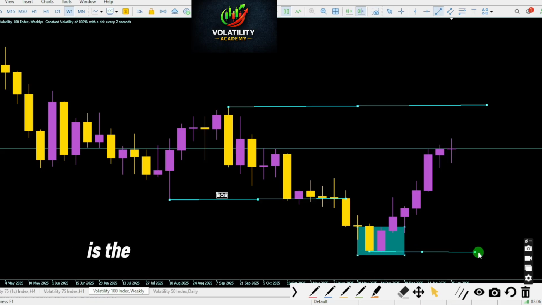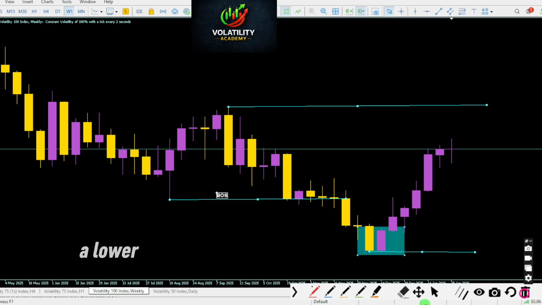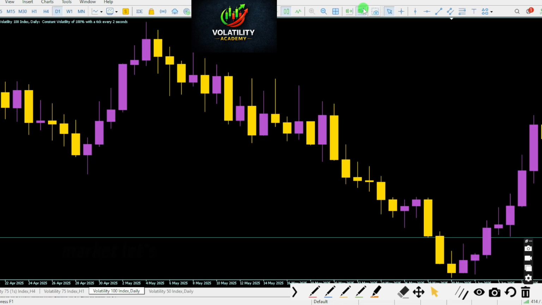This is the low I am expecting the market will do some things right here and break, so we can continue to the downside. But then, like I said, this retracement is a trend on a lower time frame. Now, multi-time frame analysis helps you to have a better view of the market.